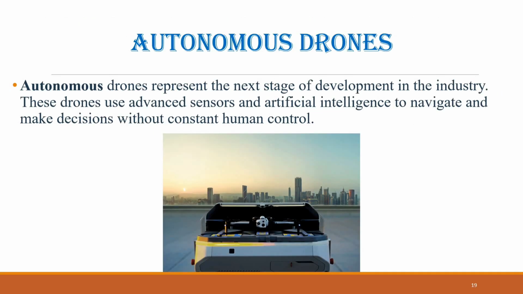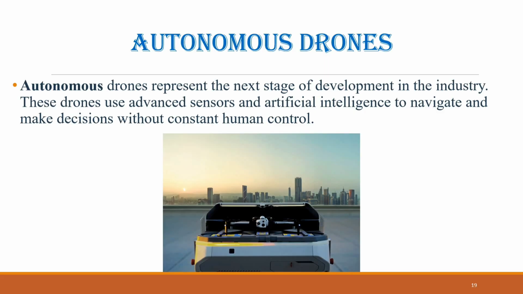Autonomous drones. Autonomous drones represent the next stage of development in the industry. These drones use advanced sensors and artificial intelligence to navigate and make decisions without constant human control. By analyzing their environment in real time, they can avoid obstacles, adjust their flight paths, and complete missions independently.